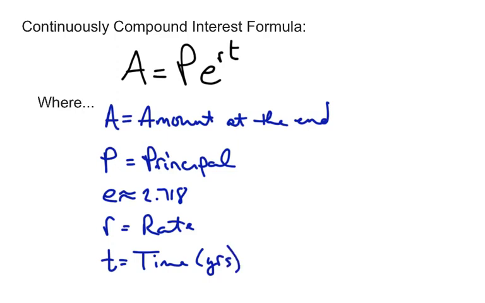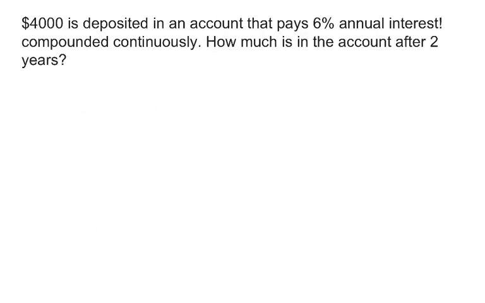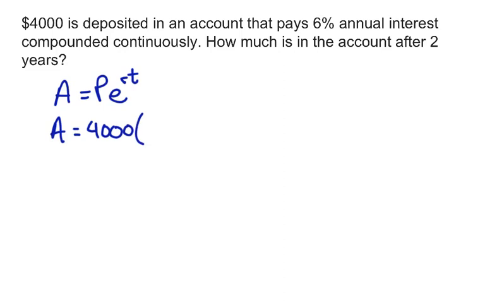All right. So we just use the Pert formula, A equals P e to the rt, to help us solve problems that look like this. $4,000 is being deposited in an account to pay 6% annual interest, compounded continuously. How much is in the account after 2 years? Well, we just go ahead and grab that Pert formula and start plugging things in. If we want to know how much is in the account at the end, we start with our principal times e to the interest rate, 6%, so we use 0.06, times time.